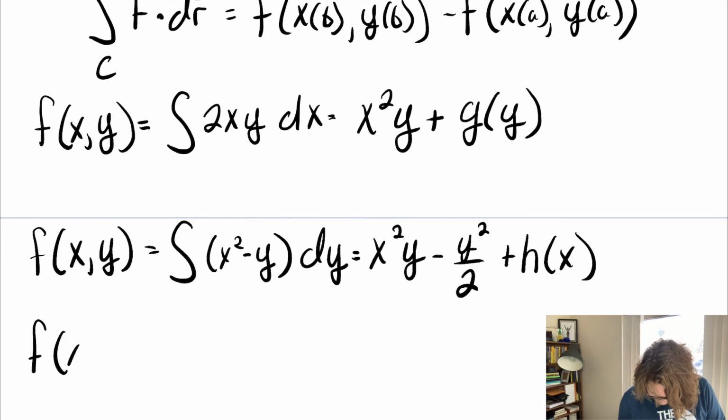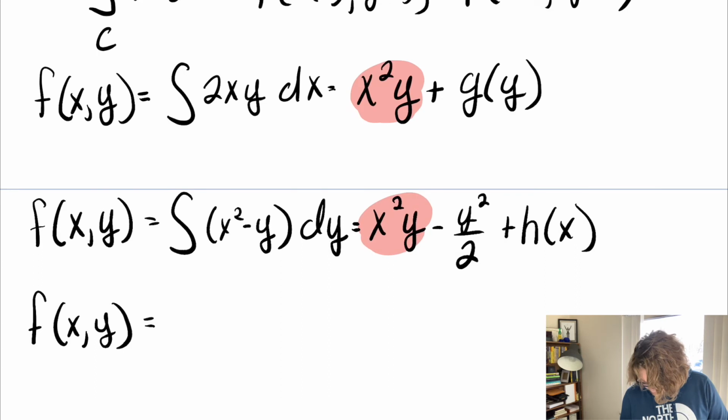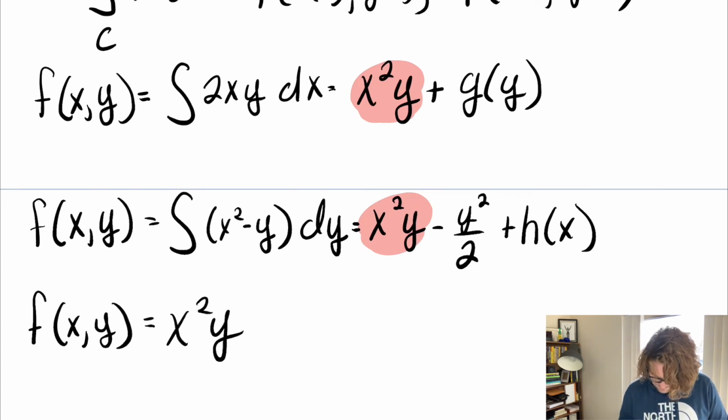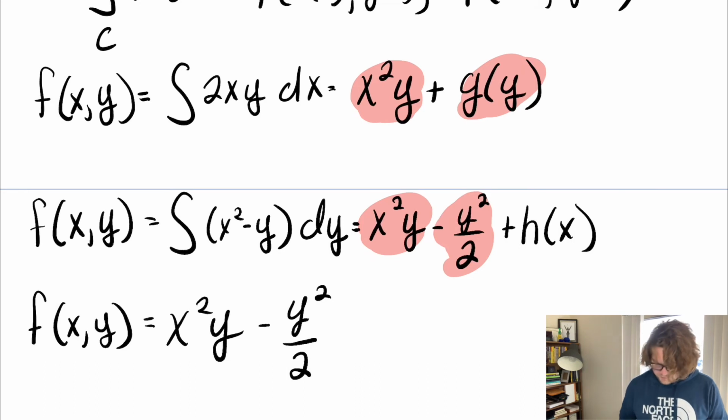So these two expressions that I have written on the page have to be equal. So what that means is that f of x, y has to be equal to, well, each of these have an x squared y in them. Now, the top one has plus some arbitrary function g of y, while our bottom one has this negative y squared over 2.